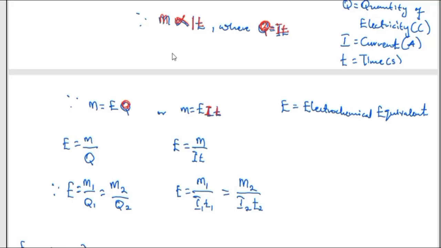So from here, E is equal to M over Q, where E is a constant, and that constant is called the electrochemical equivalent.